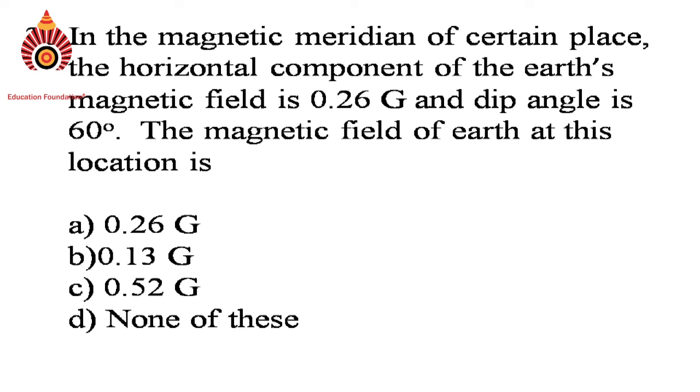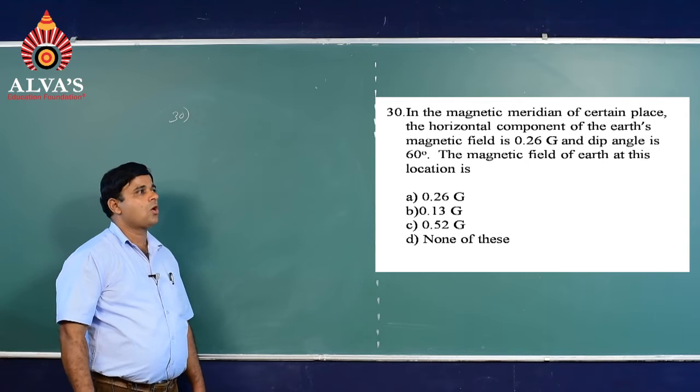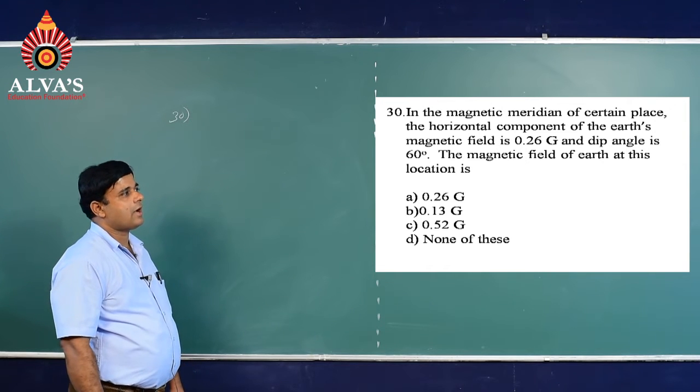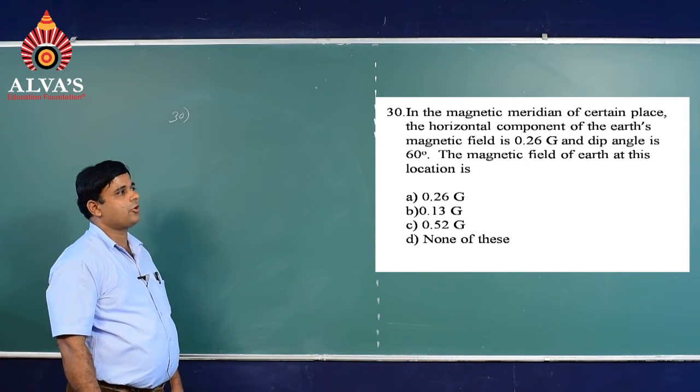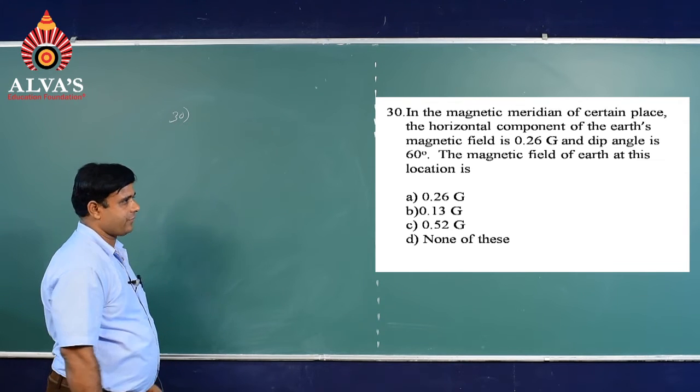In the magnetic meridian of a certain place, the horizontal component of earth's field is 0.26 Gauss and the dip angle is 60 degrees. The magnetic field of earth at this location is? The horizontal component of earth's magnetic field is given, you have to calculate the total magnetic field of earth.